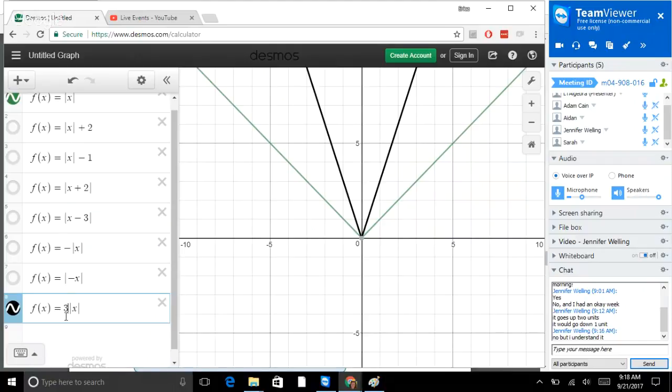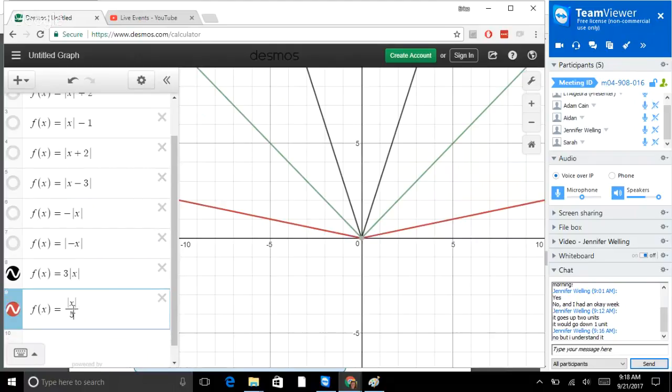Okay, so what you can see when we multiply or when we divide, that's when we get our non-rigid transformations. So that's when we get that distortion where our original graph isn't just basically moving around the coordinate plane, but it's getting distorted. It either has a greater slope, greater value, it's slowing down, that type of thing.